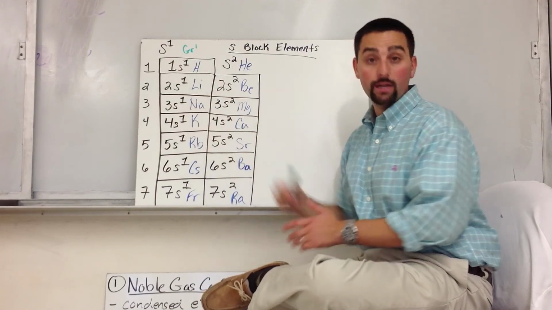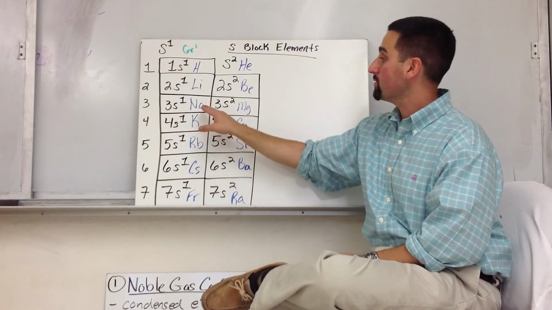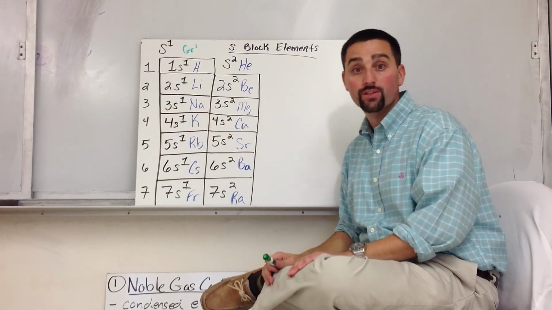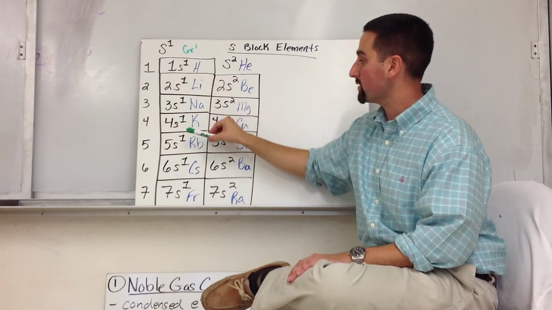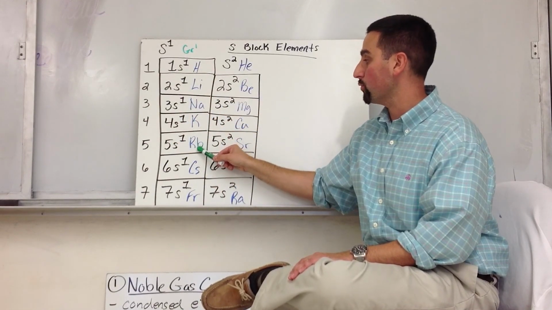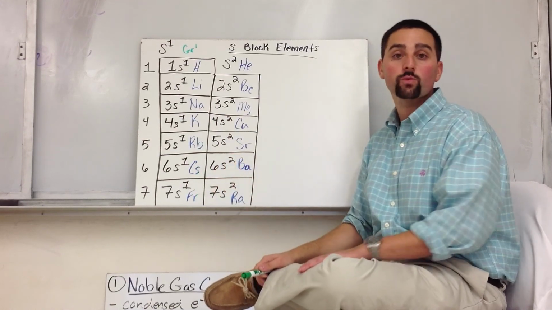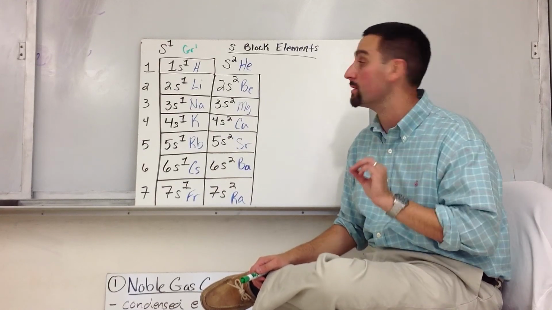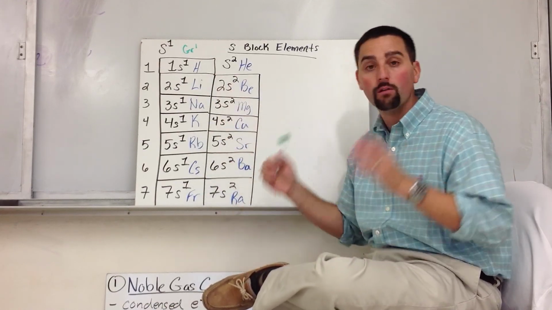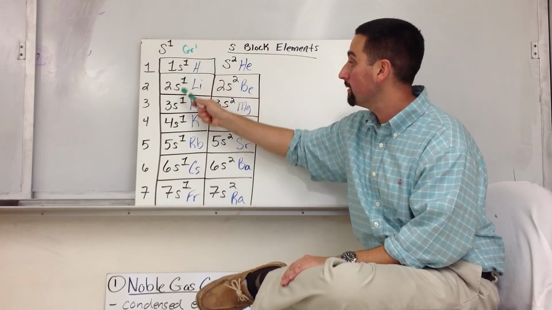Lithium ends in 2s1 because it's in the second row. Sodium ends in, big surprise, 3s1. 4s1 for potassium, 5s1 for rubidium, 6s1 for cesium, and 7s1 for francium.